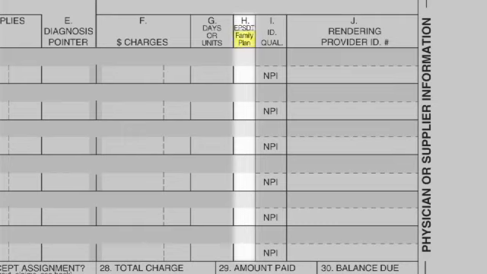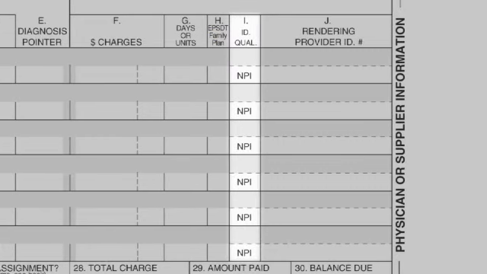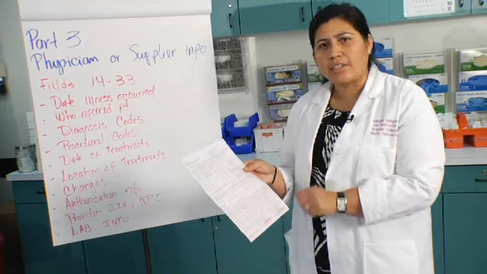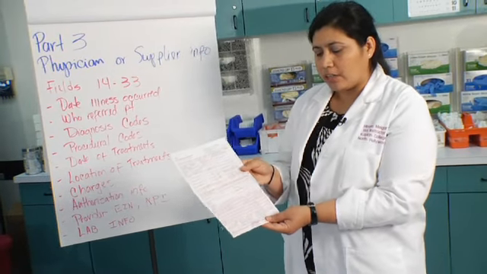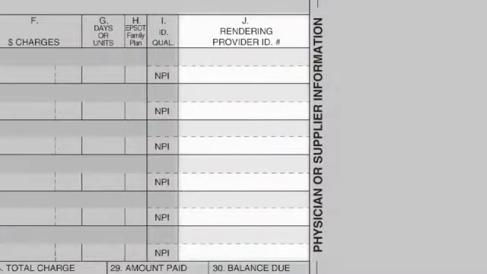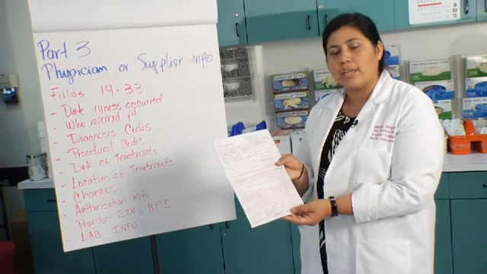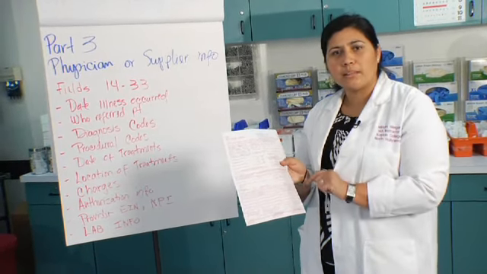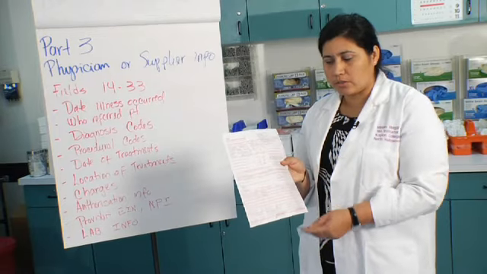Yes or no? So we will indicate yes or no. And I is the ID. So it already says their MPI. You don't have to worry about that. You jump directly to J. That's where we put the rendering provider ID number, which is the National Provider Identification Number. And that is to tell them who provided that service.